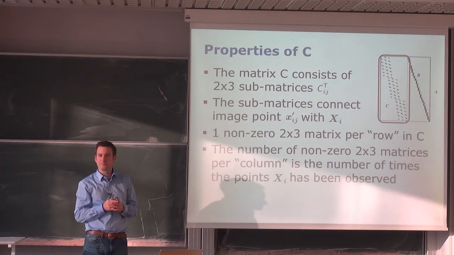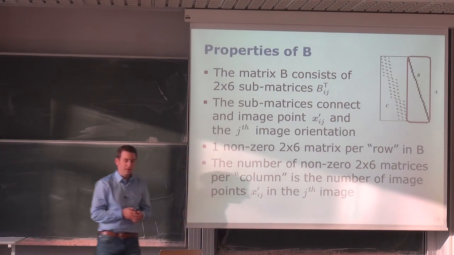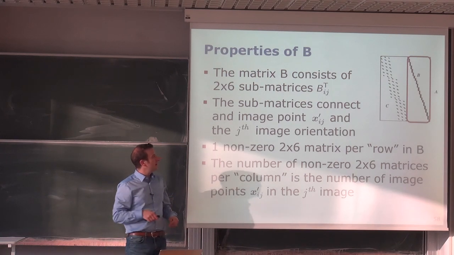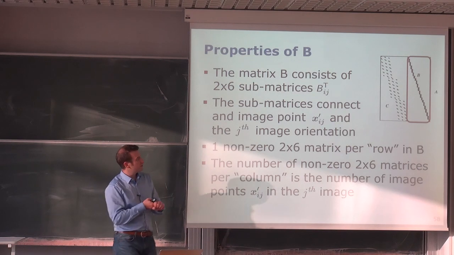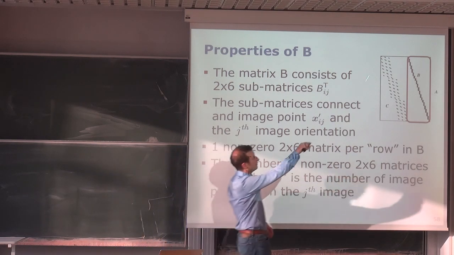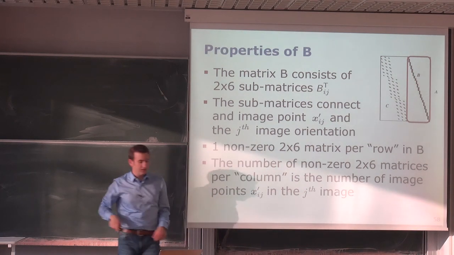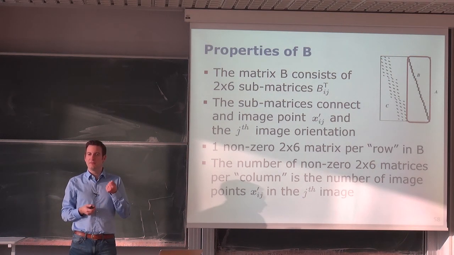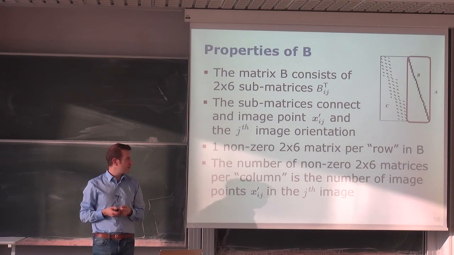You can do a very similar thing for the matrix B. The matrix B consists of blocks of 2 times 6 matrices, and they connect the individual observation, the observations over here, or here, with an individual image, in the sense that every image has one 6-dimensional vector for the orientation parameters. So it connects an individual observation with the orientation parameters of the corresponding image.